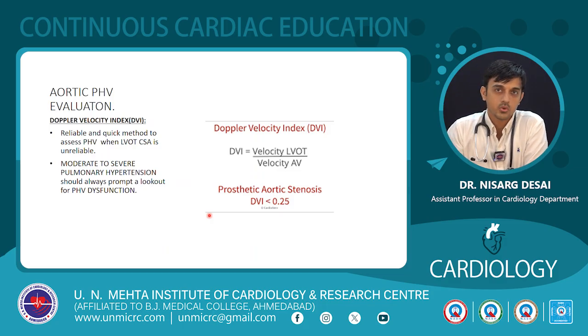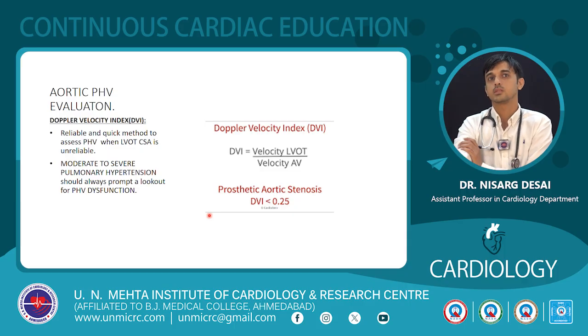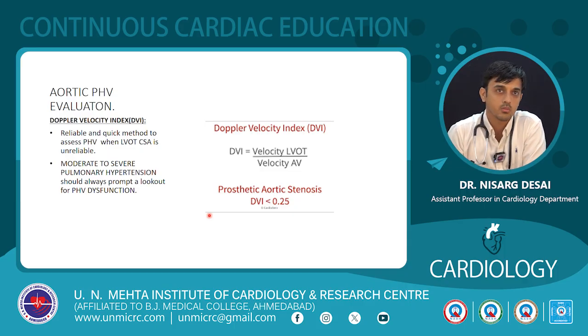So the most important parameter is the DVI, that is Doppler velocity index. In case of the aortic valve, it is the ratio of LVOT VTI and aortic valve VTI. So any DVI less than 0.25 is suggestive of prosthetic heart valve thrombosis. And it is a ready reckoner, because sometimes there can be error in cross sectional area estimation, and there can be differences in the gradient.